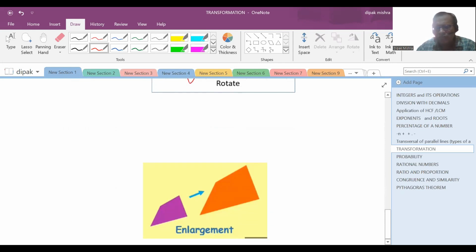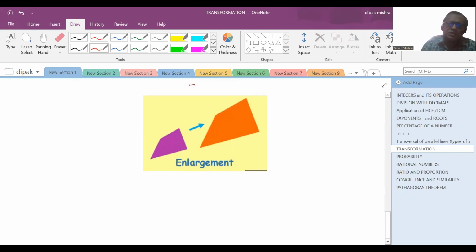The fourth kind is enlargement. So what do we mean by enlargement? If every bit of the figure grows by a particular ratio, by 2 times or 3 times, then we call this enlargement. Suppose this figure ABCD becomes EFGH and grows by twice, then every side has a ratio of 2:1.